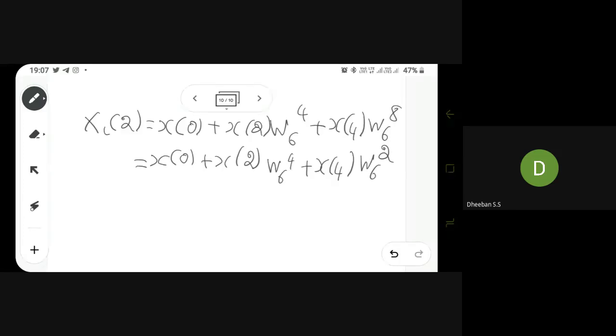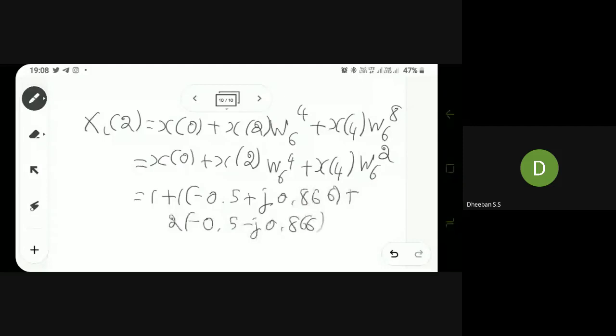So your 8 value becomes 2. So now this becomes 1 plus 1 into minus 0.5 plus j into 0.866, plus 2 into minus 0.5 minus j 0.866. We'll be getting x1 of 2 as minus 0.5 minus j 0.866. Okay, so now we have completed for the 3 samples.